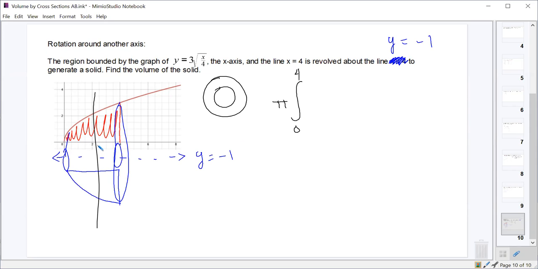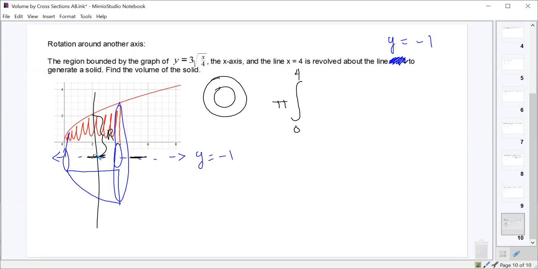Well, what's our outer radius? Our outer radius should be not just this value of y, but the value from the line we're revolving around, right here, all the way up to y. So capital R would be our outer radius.